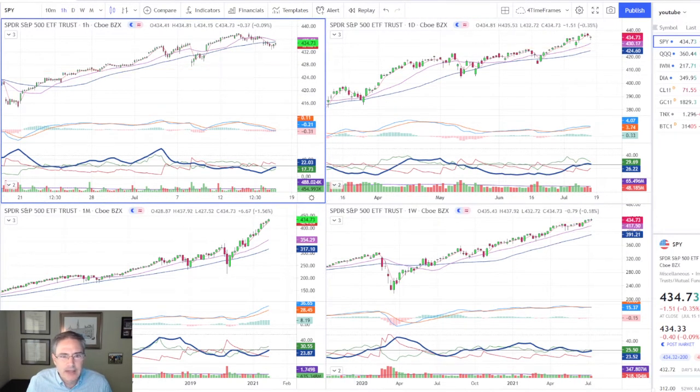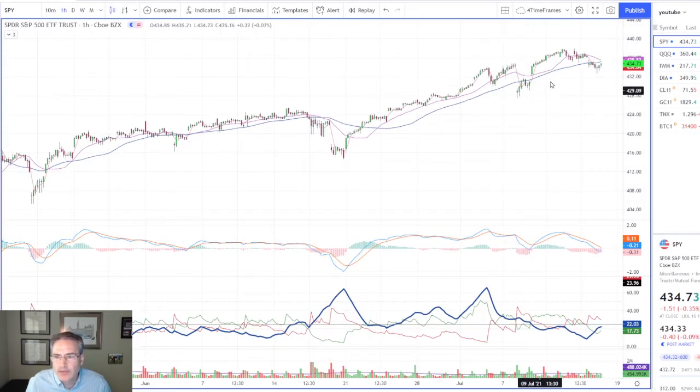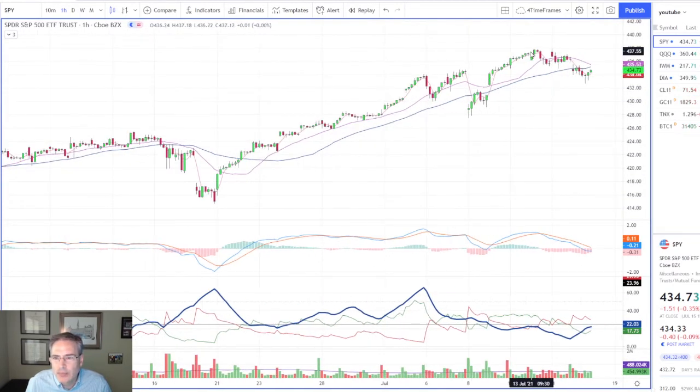Let's take a look at the hourly. We tried to make a new high and really didn't follow through very much. There was no momentum high on the hourly chart. Just to point this out, we made a new high here in price, but look at how the ADX did not confirm that, and then we came back down.